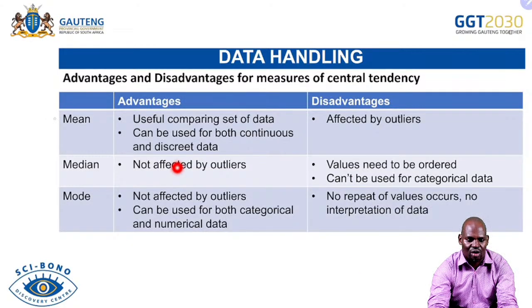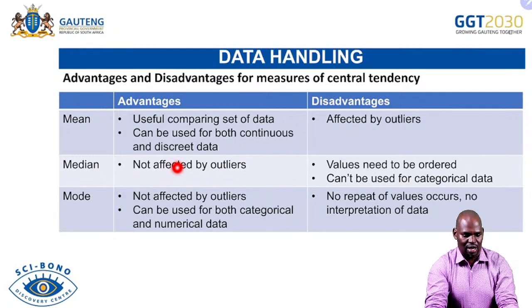The advantage of using the mean is it's useful when we compare sets of data. In other words, let's say we've got grade 12 learners, and then we've got 12A and 12B, then now we need to compare the results of the two classes. And then it can be used for both continuous and discrete data.